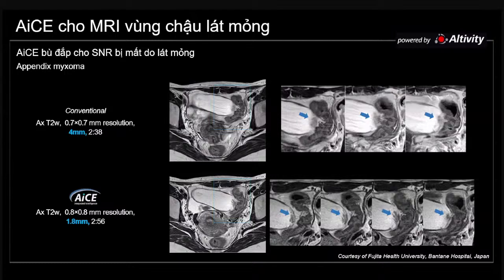We can improve the scanning protocol to a 1.8 mm slice thickness and in-plane resolution of 0.8 by 0.8 for this T2 weighted. And we can reconstruct it with an AI algorithm to remove the noise from the signal. So with that, we are able to recover the signal to noise ratio loss due to thin slice with our AiCE or ACE.